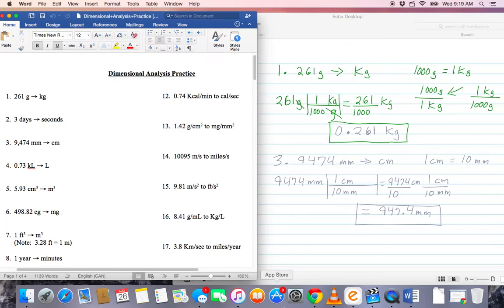They cancel because there's one over the other. g divided by g equals 1, so they go away. 261 divided by 1,000 gives us a value of 0.261 kilograms. You can also put your 0 in front as well. So your answer for this conversion, utilizing dimensional analysis, is 0.261 kg.